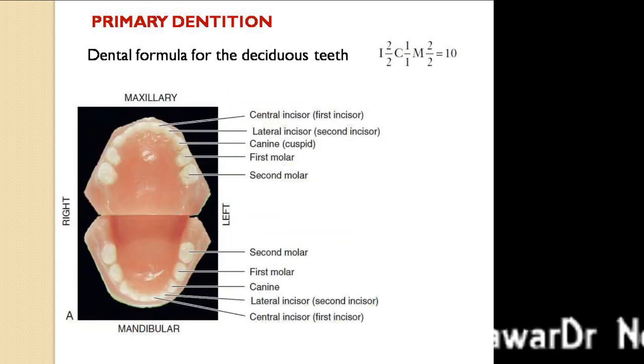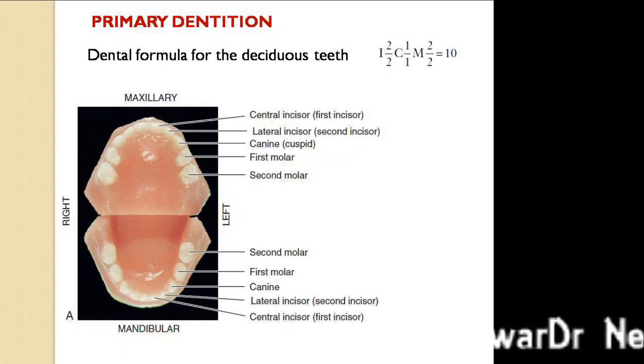Prior to going to the tooth numbering systems, we will see the teeth present in different dentitions and their dental formula. There are two types of dentition. One is deciduous or primary dentition, where a total of 10 teeth in each arch are present: two central incisors, right and left; a lateral incisor on each of the right and left sides; a canine on each side; and two molars, the first primary molar and second primary molar.